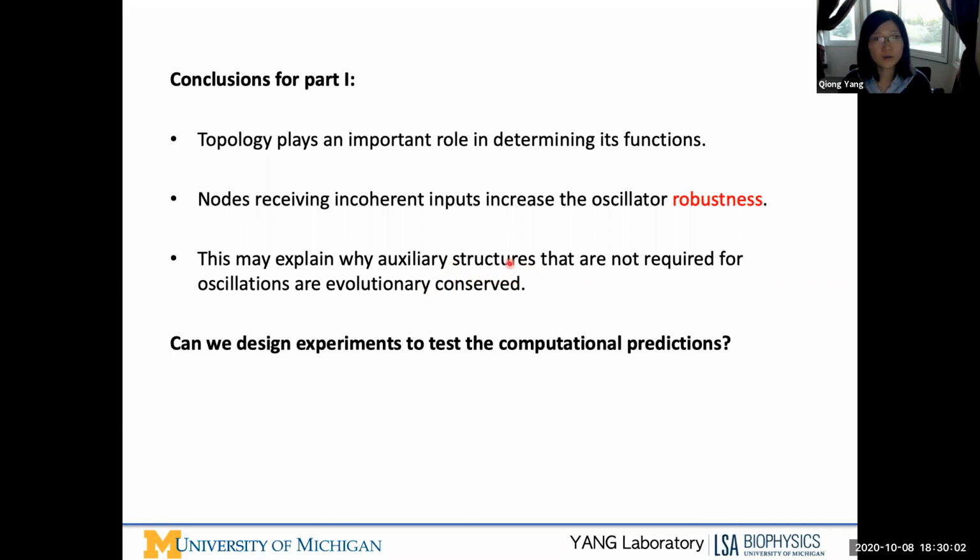So we now use a similar framework to look at other clock functions, such as tunability, which I will introduce later. But in our lab, when we have a computational study and some kind of prediction, we also wonder if we can design experiments to test these computational predictions.